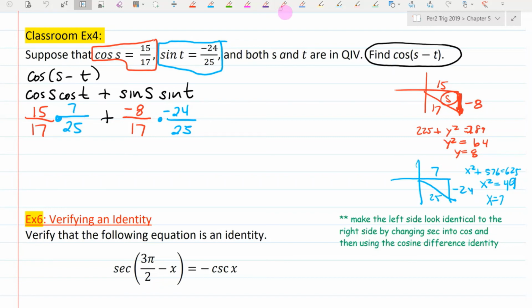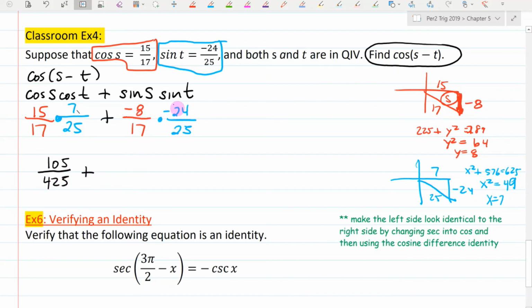And we multiply this out. All right, so we multiply this out, and we're going to get 105 over 425. And again, I'm not reducing that.